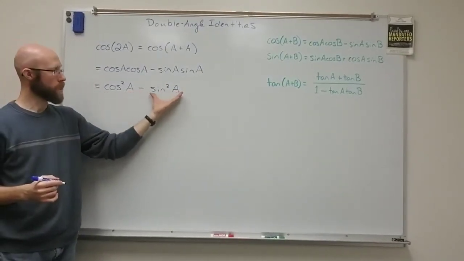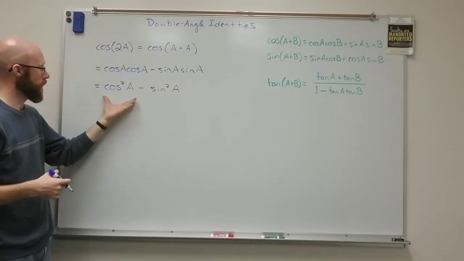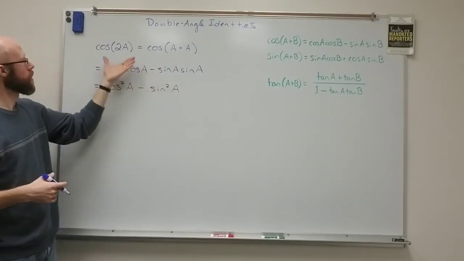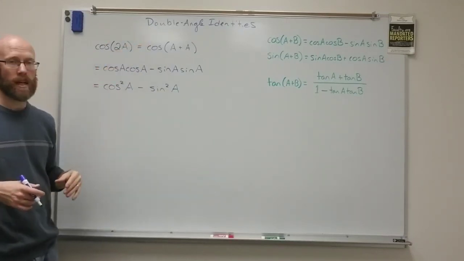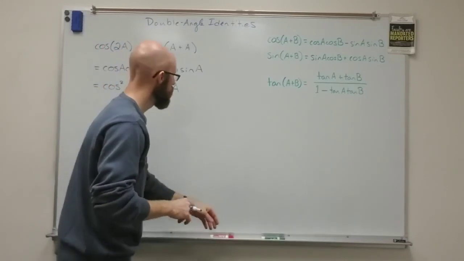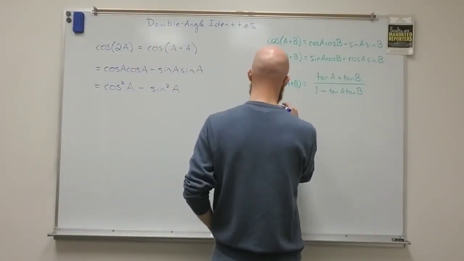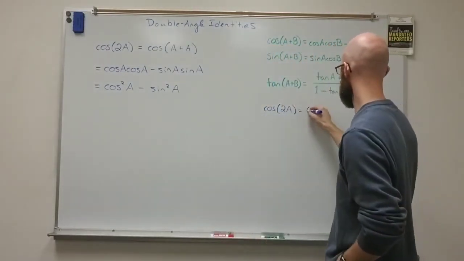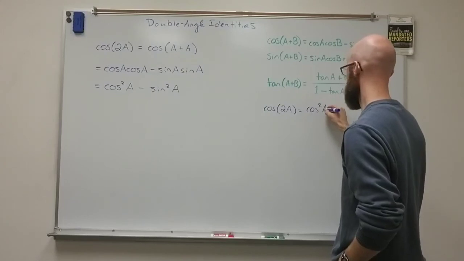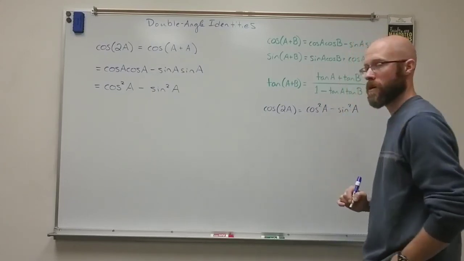This is going to be the simplest form that we can put it in, and it's going to be a new formula that is equivalent to the cosine of 2a. So we're going to have a double angle identity. I'll set it off to the side here. That basically says the cosine of 2a is equal to the cosine squared of a minus the sine squared of a, all right?